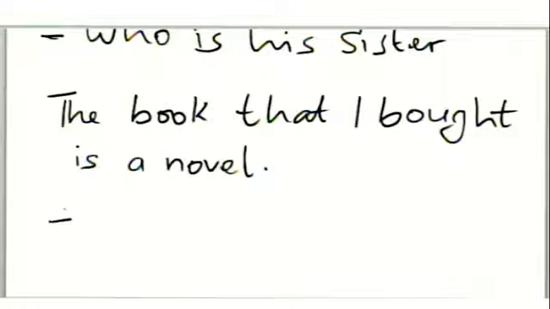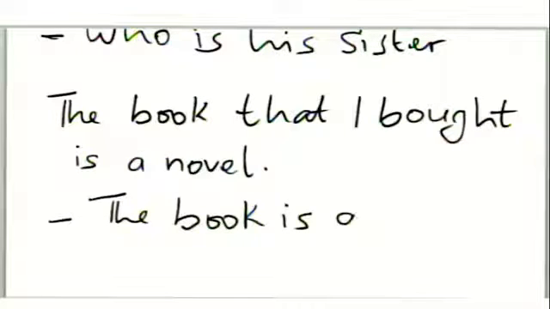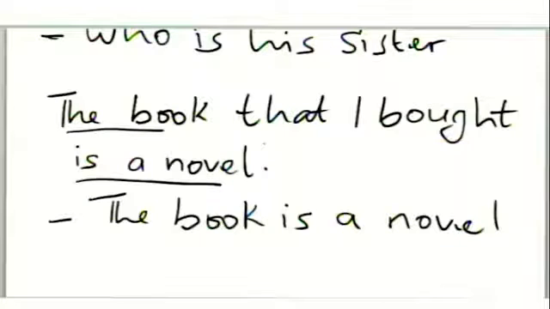If you want to extract the two clauses, we know there are two ideas here. The book is a novel. And then, we have it here, in between, that I bought.